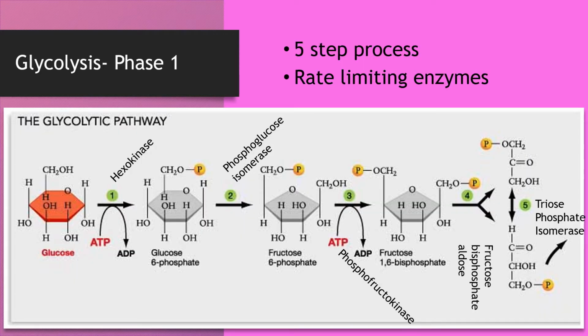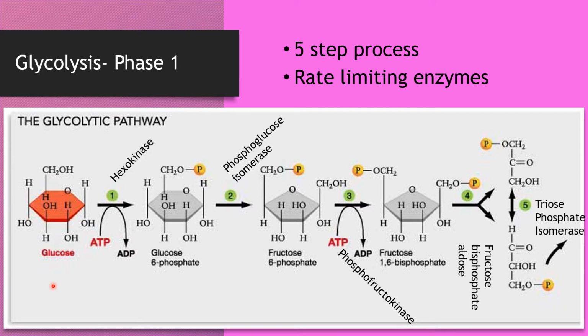The first phase of glycolysis, phase one, is the energy requiring phase. It has about 5 steps that are regulated by enzymes that we need to recognize. Follow me in the diagram, and we'll start over here with glucose.